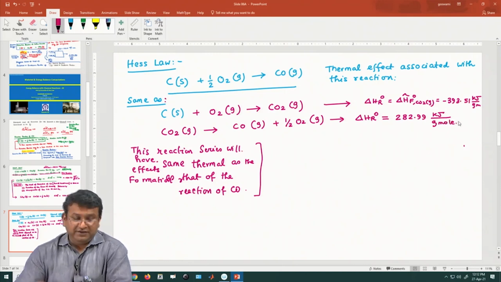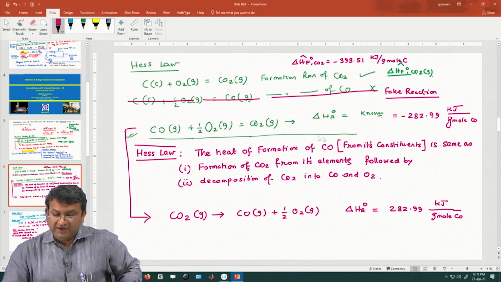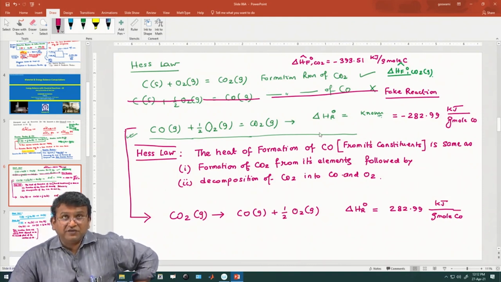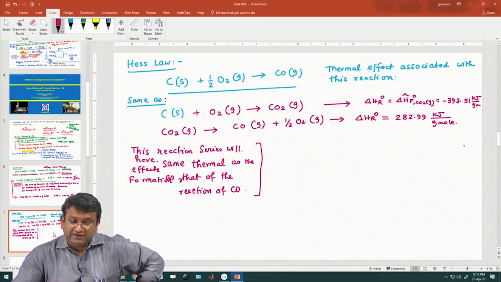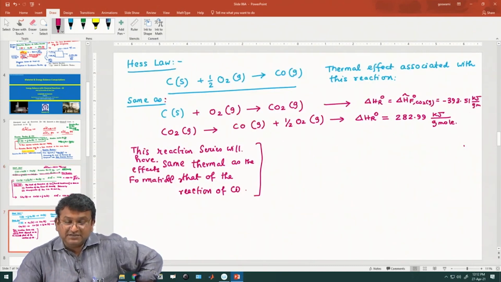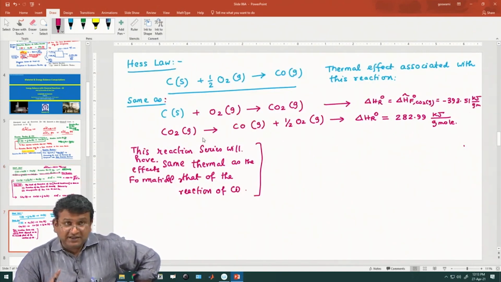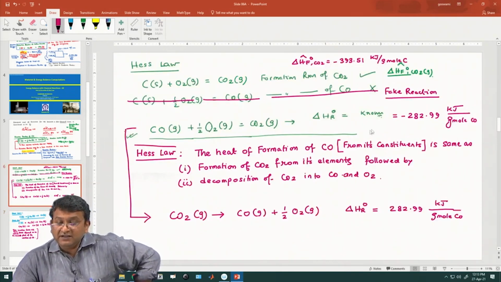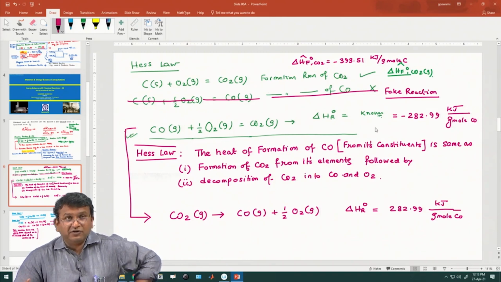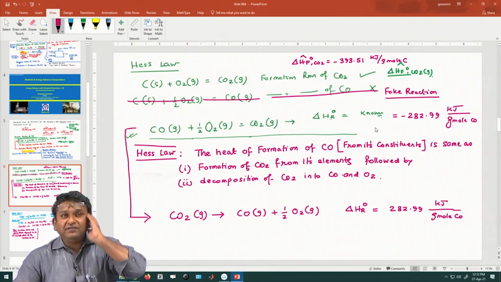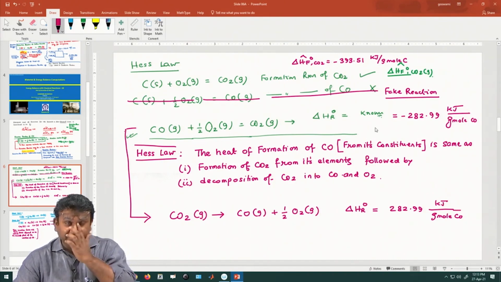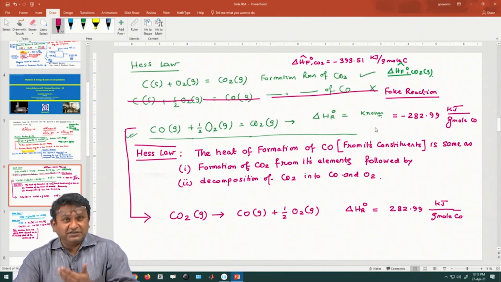Here we have talked about this oxidation reaction of carbon monoxide, which has a heat of reaction of minus 282.99. Theoretically, if there is a dissociation, there is another important question whether this dissociation actually happens or not, and it is not that easy to happen. Carbon dioxide is a very, very stable compound and it does not dissociate, so this can again be a fake reaction. But what we are considering is that if the heat of reaction for the forward reaction is known to us, then the heat of reaction of the reverse reaction will be exactly its opposite. The value will be the same and the sign will simply change.